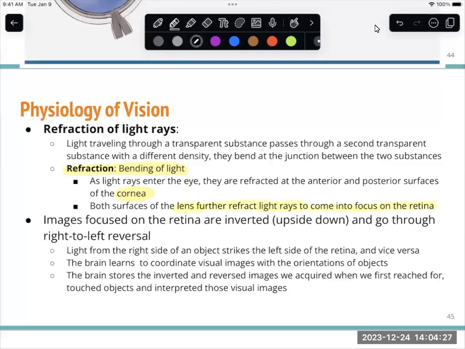Here's the fun part. When an image comes in, this is what we normally see. This is what is refracted and focused onto that retina. So it's upside down and it goes through a right to left reversal.